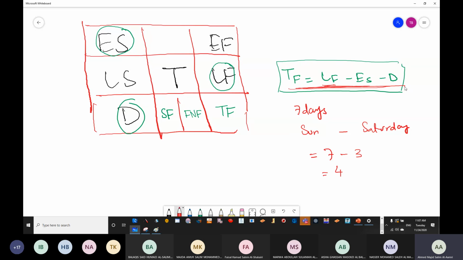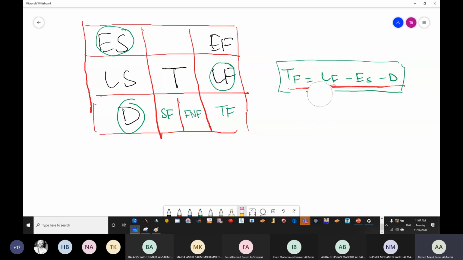The total time you get from late finish, the last time for me to finish, minus the early start, the first time for me to start, minus the duration which is required. So this is the explanation of total float and how to calculate it.